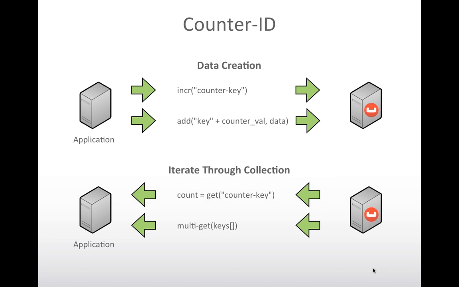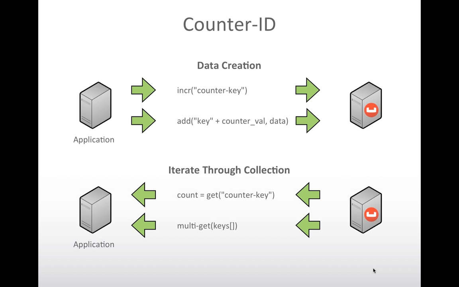And if you want, for example, to get all the keys related to this specific counter, you get the value of the counter with a get, iterate through the collection, and do a multi-get. It will give you back very quickly all the keys and the documents associated to these keys in the different nodes of the cluster.